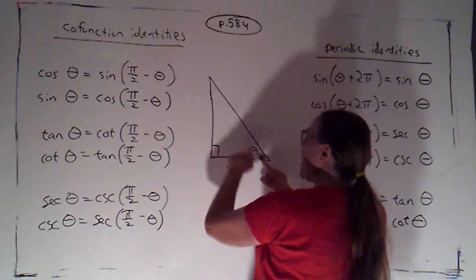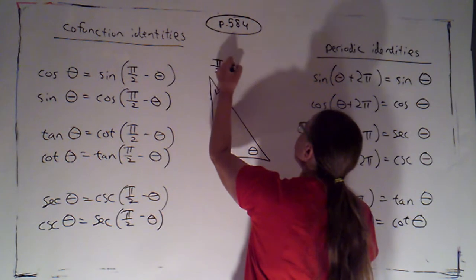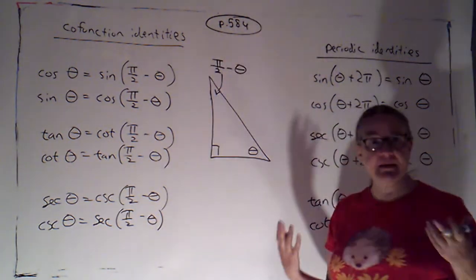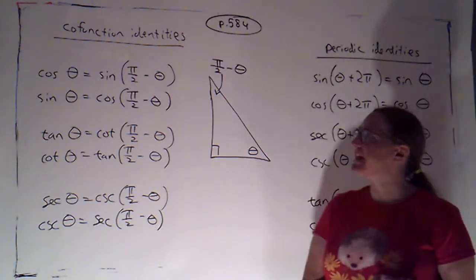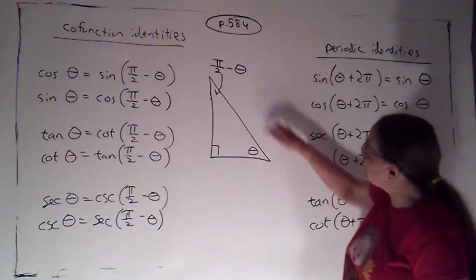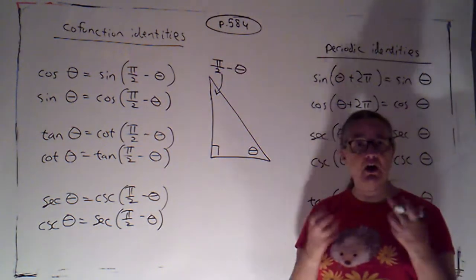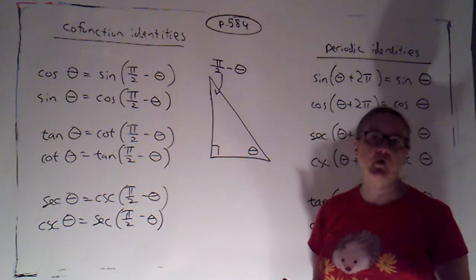This has to be the complement of theta. So this angle right here would be pi over 2 minus theta. It would be the complement. They have to add up to 90 degrees, or in radians, they have to add up to pi over 2. So complementary angles are the two acute angles that would occur in the same right triangle.